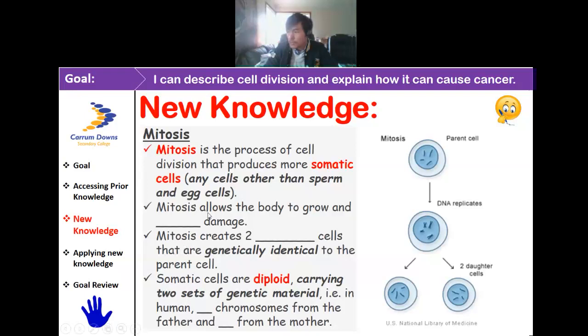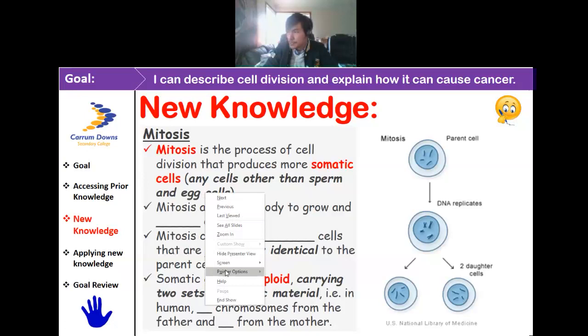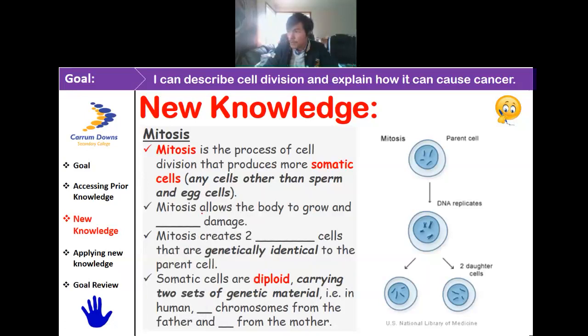Let's try and fill in some of the blank spots here. So here's my pen. Mitosis allows the body to grow and repair damage. And mitosis creates two something cells.